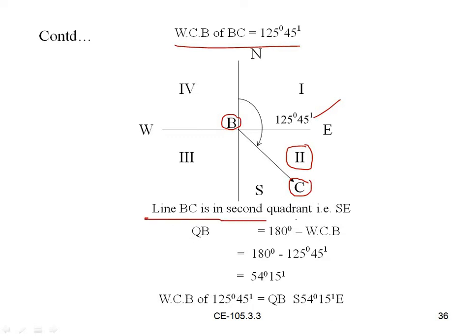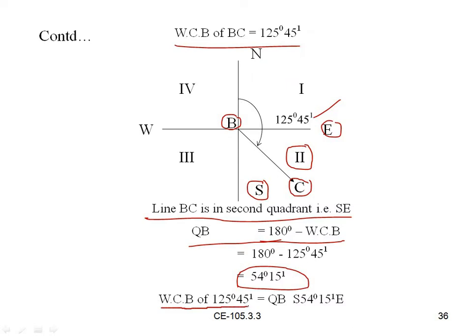Line BC is in the second quadrant, so we will say southeast. Wherever it is there, 180 degrees minus whole circle bearing is the quadrantal bearing. So we will get 54 degrees 15 minutes. So whole circle bearing of 125 degrees 45 minutes is equal to quadrantal bearing south 54 degrees 15 minutes east.